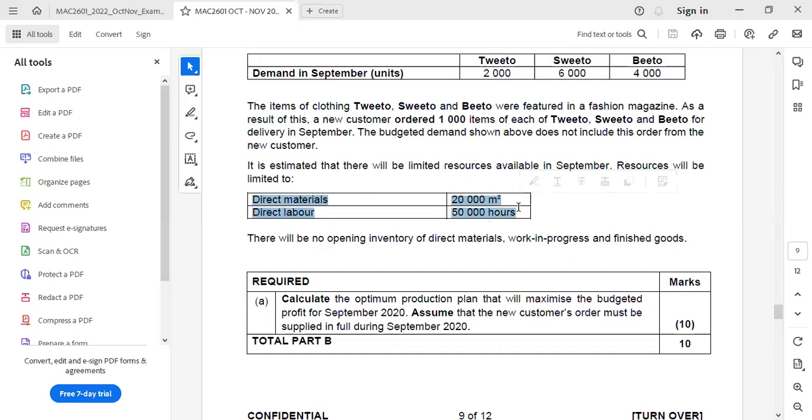The fact that they are limited doesn't mean that they are in short supply. Maybe there are 20,000 square meters, but we only need 15, so the direct materials will not be a limiting factor. A limiting factor will only be there if the available resources are less than what we require. So although the limit is 50,000 direct labor hours, if we need 40, then there's no problem.